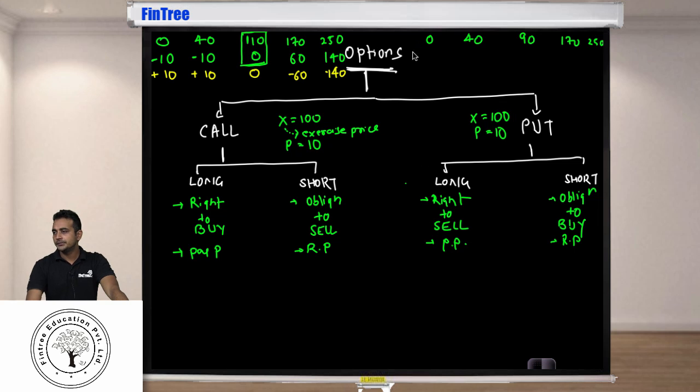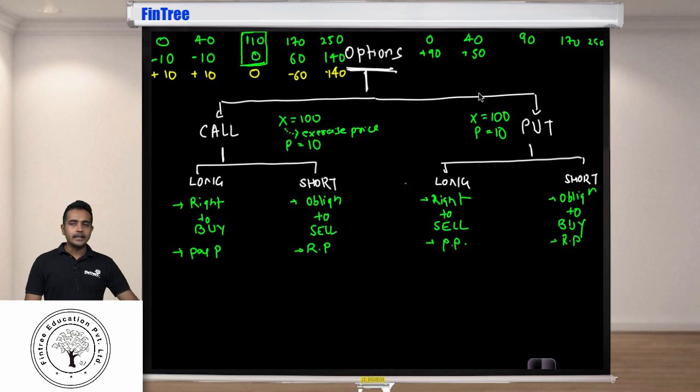Will you sell? A 0 worth of asset, will you sell for 100? Yes. So your payoff is 100, profit 90. Will you sell a $40 asset for 100? Yes. So payoff 60 and profit 50.